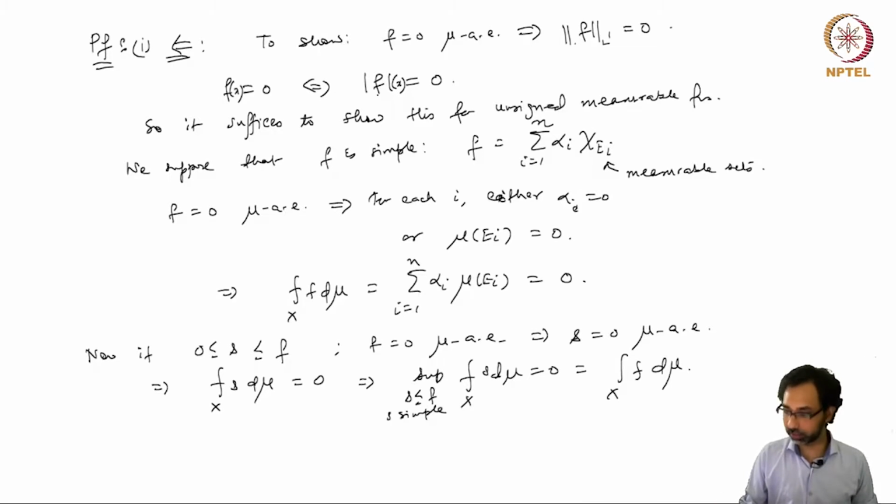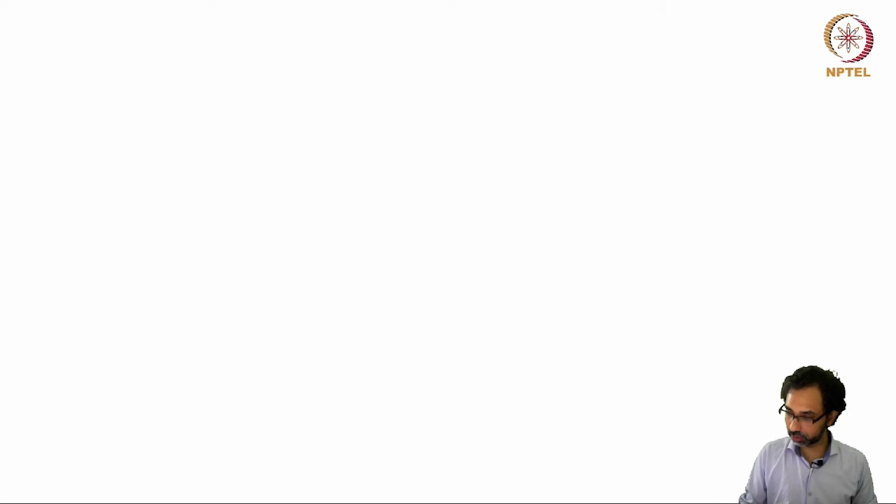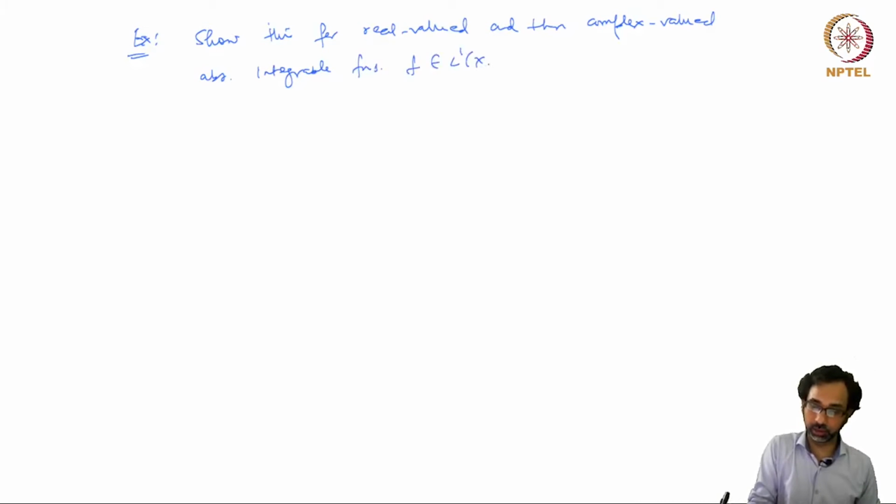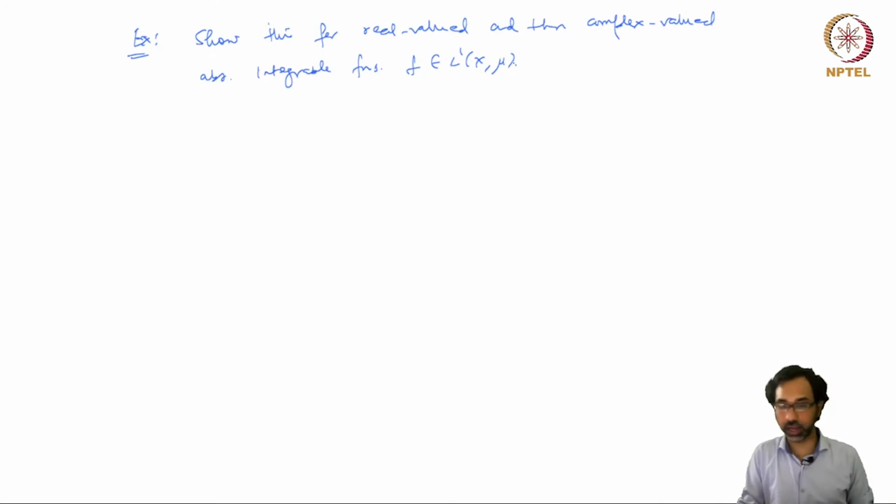So now I leave it as an exercise to show this, first for real valued and then for complex valued measurable absolutely integrable functions, that is, f in L1(X, mu).